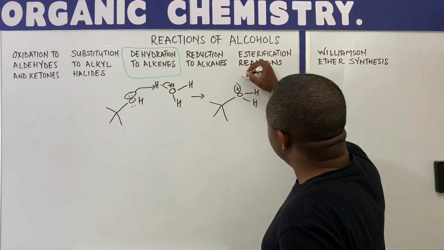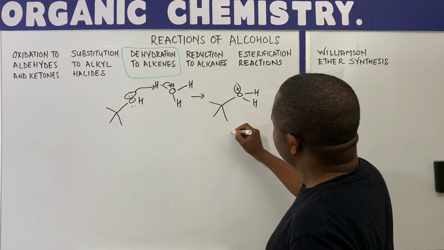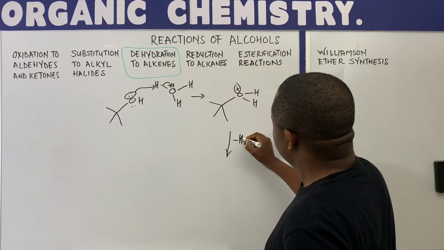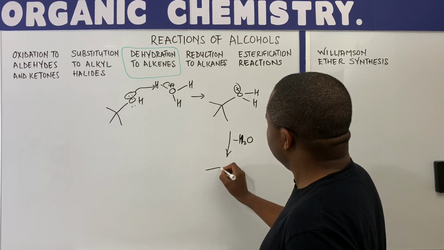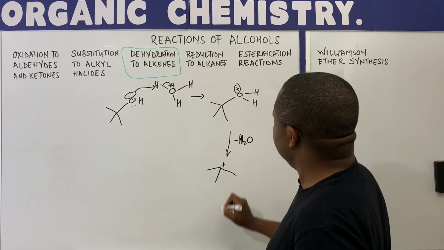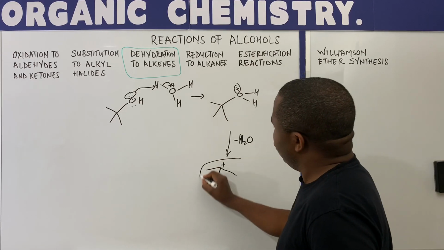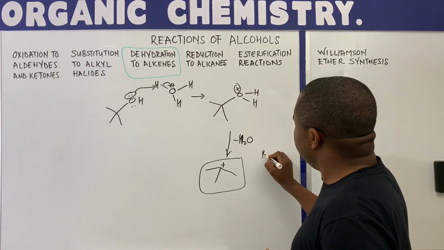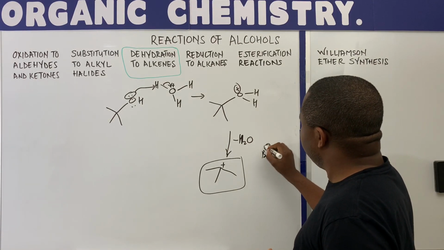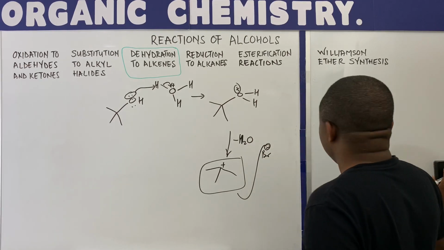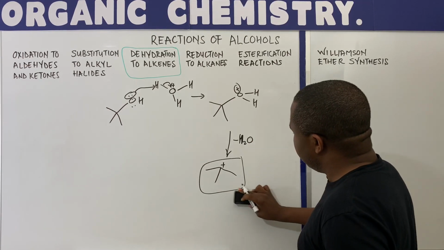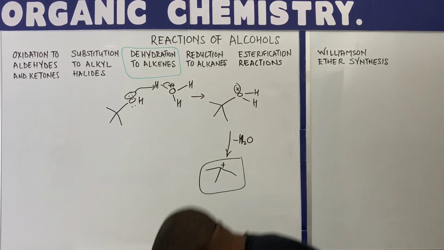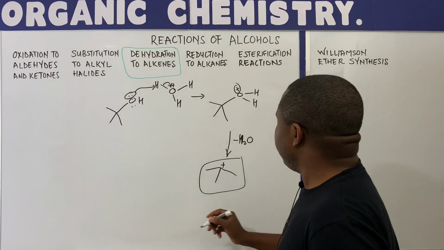This group is a good leaving group, so it can leave, so that we have this carbocation. We are still forming this carbocation in this case, but we are not having HBr. If we had HBr, we could do an SN2 reaction to form an alkyl halide. So that's not happening here. So what we're going to have is this.